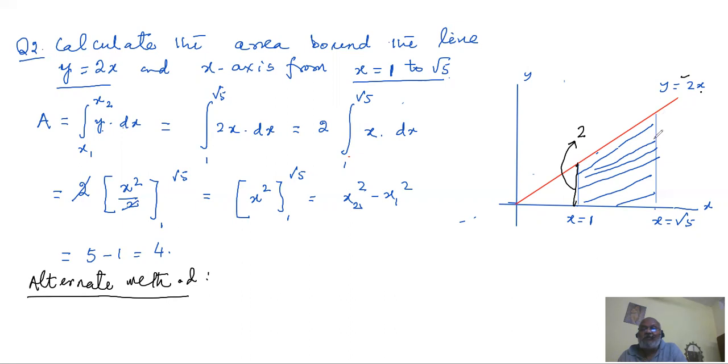Next, this height: here x equal to root 5 and y is equal to 2x, so that will be 2 into root 5. The length here will be root 5 minus 1, as you can clearly see.